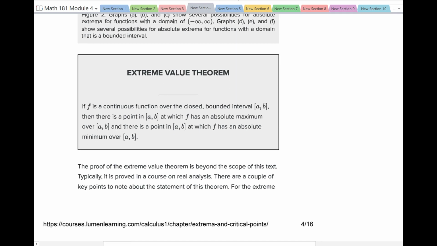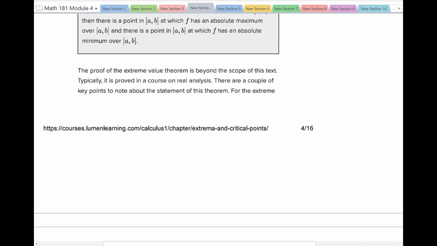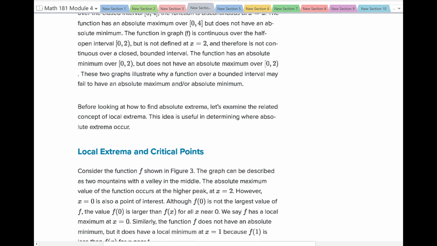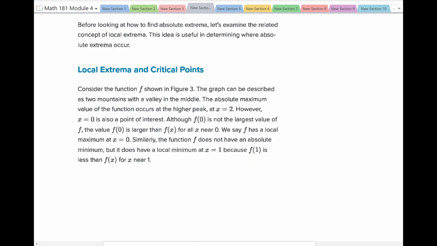So extreme value theorem. If f is a continuous function over the closed bounded interval [a, b], then there is a point in [a, b] at which f has an absolute maximum over [a, b], and there's a point in [a, b] at which f has an absolute minimum over [a, b]. Now in doing that, it may get up to a peak and then go down, or go down to a bottom and come up, or it could be one of the endpoints of the interval.